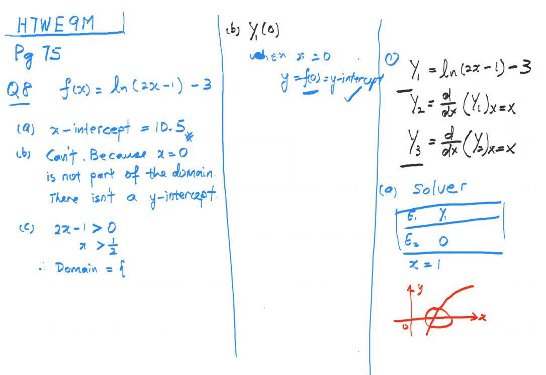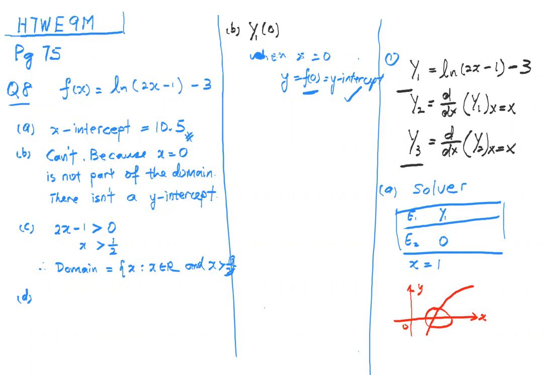Important step: I will write down x is a member of the real numbers, and x must be greater than half. If you just write down this, I give you the perfect mark. Okay, now find the gradient of the tangent to the curve at x equals 1.